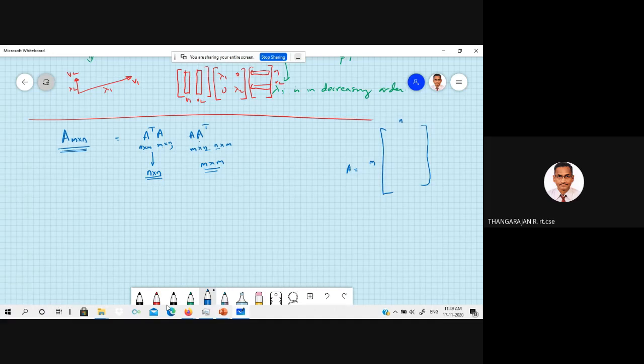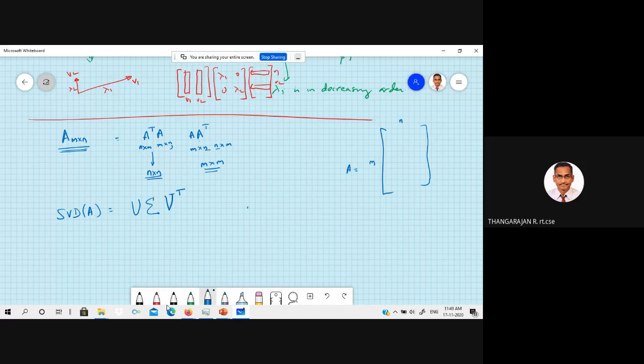Now when I do a singular value decomposition of A, what I get is three matrices: U, sigma, and V transpose.